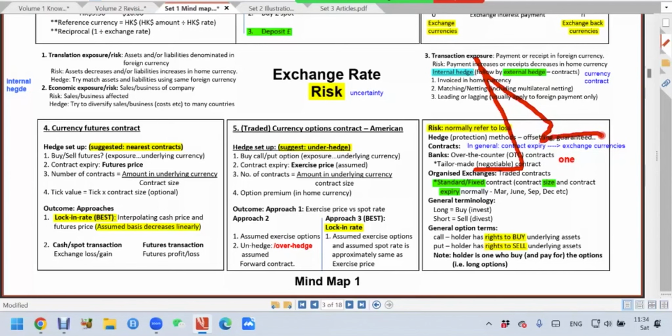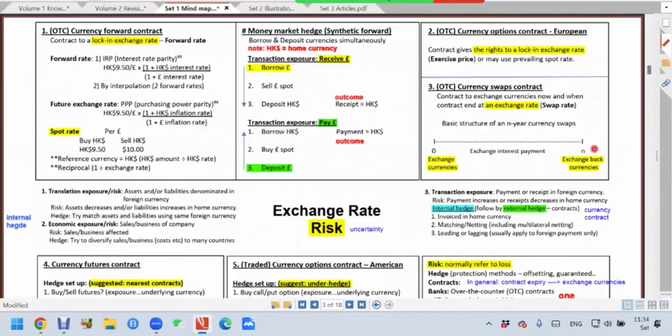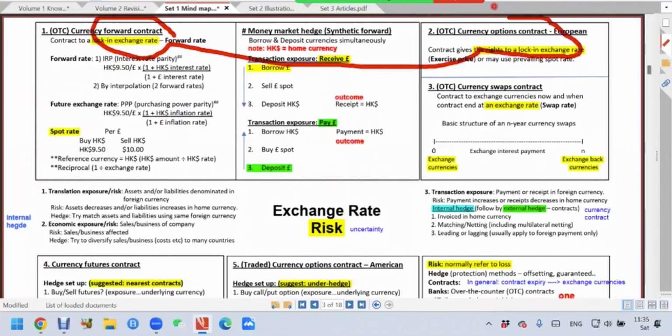So what are the contracts here? All the over-the-counter ones I put down here. The first one is called forward. The second one is called option. The third one is a swap. So there are three over-the-counter contracts, OTC, OTC, OTC, except one, which is called money market.